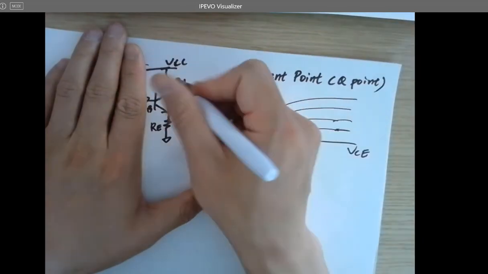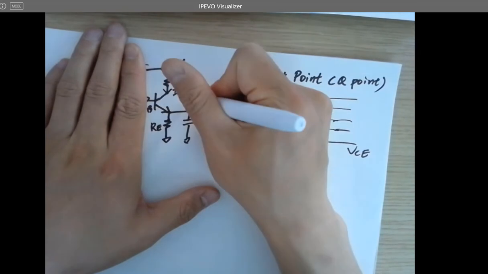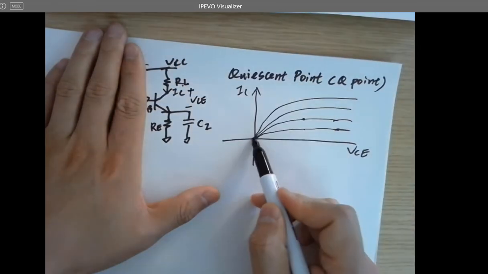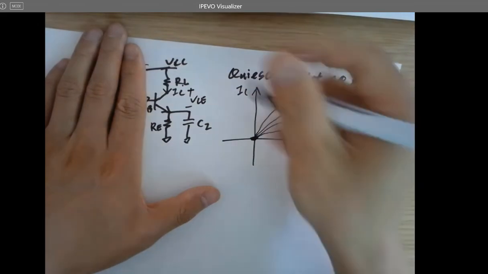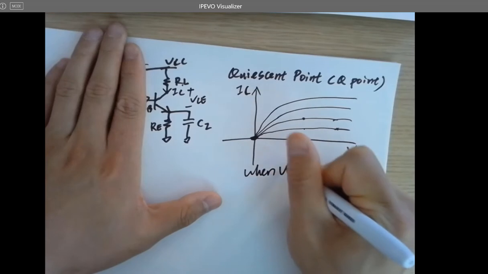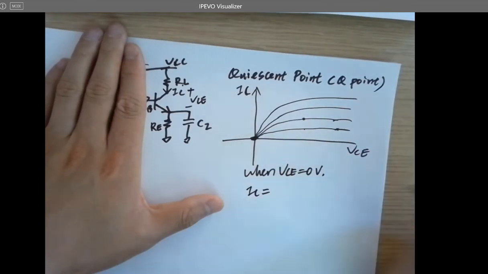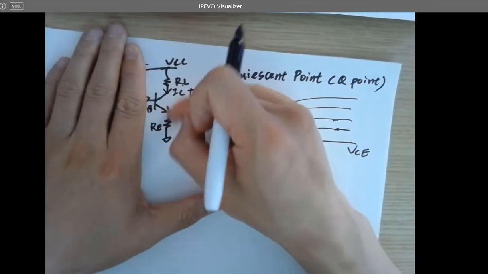If you have VCE, which is the voltage drop across the collector and emitter, to be 0 on the curve, what is IC? When VCE is 0, which means it's actually a wire.